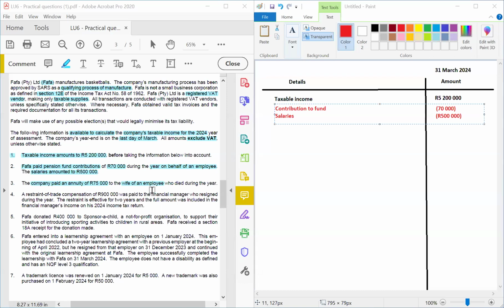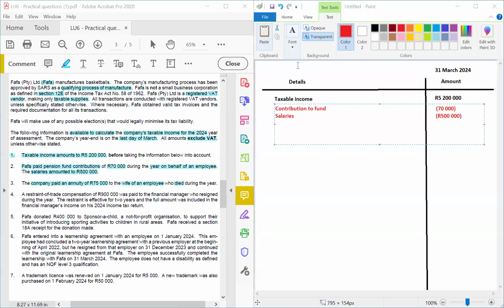To the wife of the employee who died, right? So the only reason that we are deducting it is because now it is an annuity paid to the wife of a former employee. So it is paid to the beneficiaries of a former employee, right?